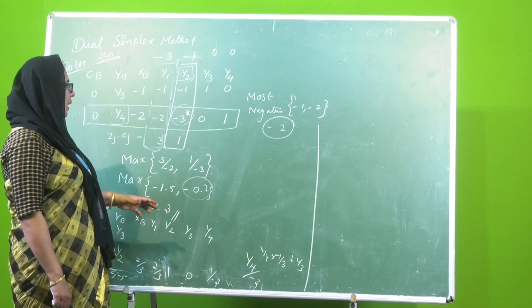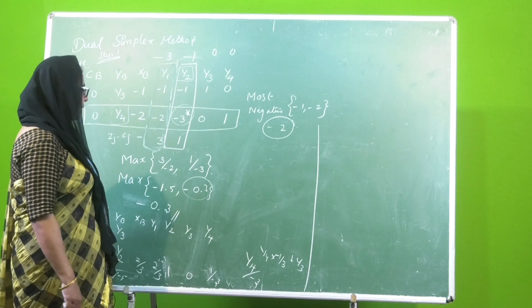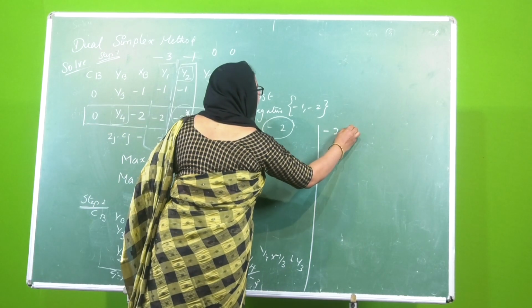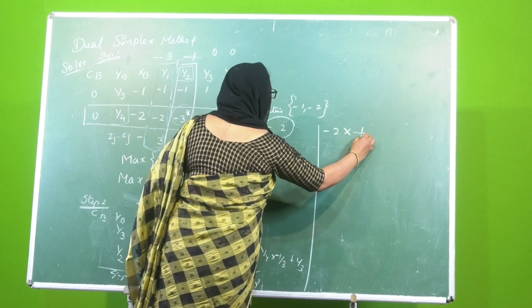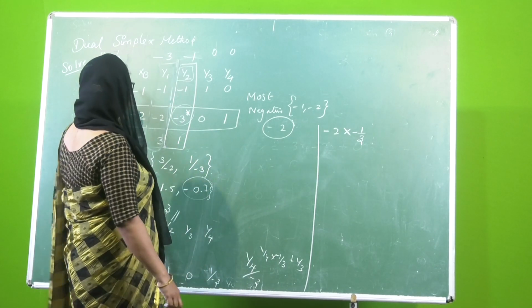Now what are the elements present in Y4? So the first element, the XB value, is minus 2. So minus 2 into minus 1 by 3, because Y4 into minus 1 by 3 plus Y3.